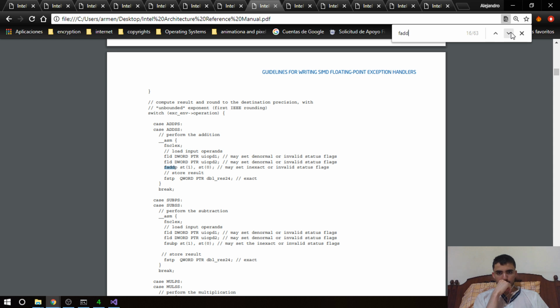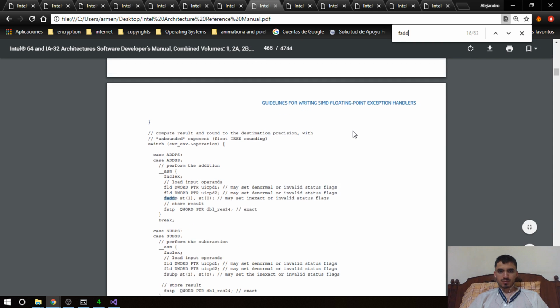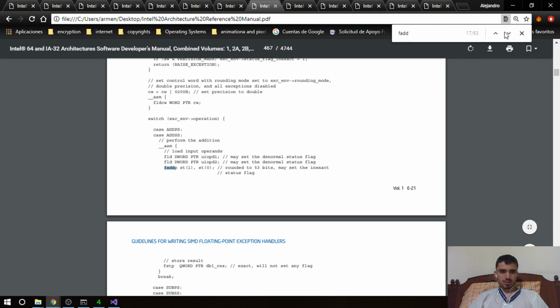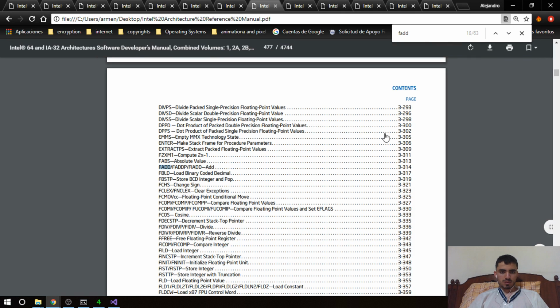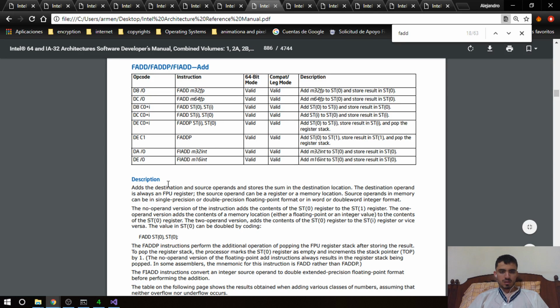But first, guidance for writing the floating point exception. Okay, right now, but then here you go. There you go.